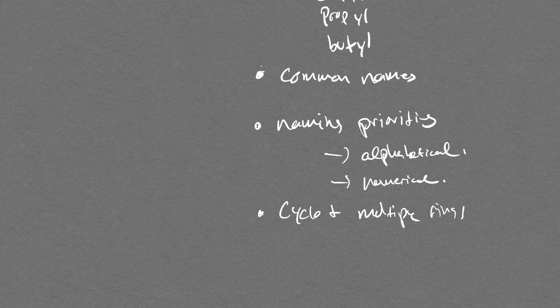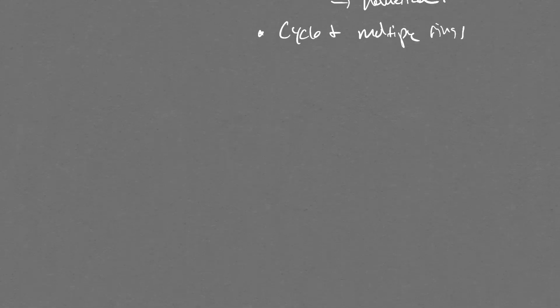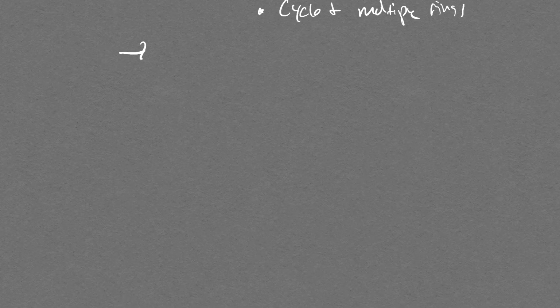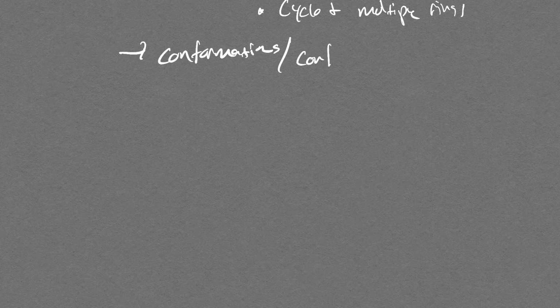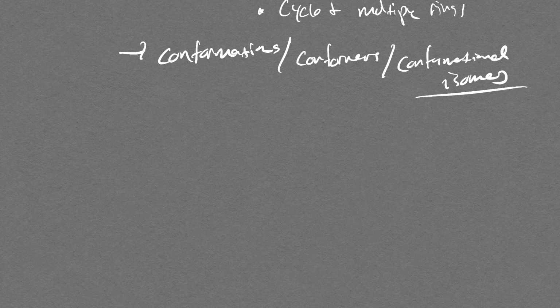And then in the second half, we really tackled conformations. Conformations, we call them conformers, conformational isomers. I'm not a particularly big fan of that. Conformational isomers. And in order to do that, we had to learn a new drawing technique.